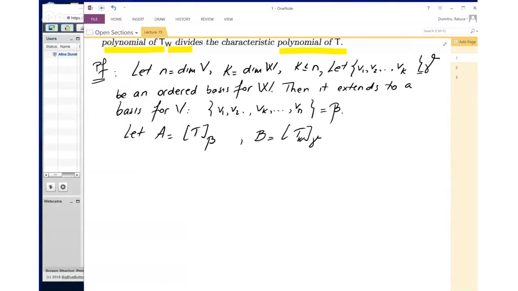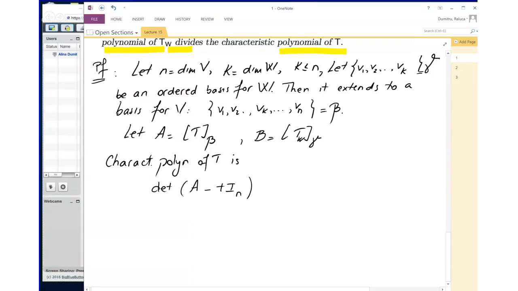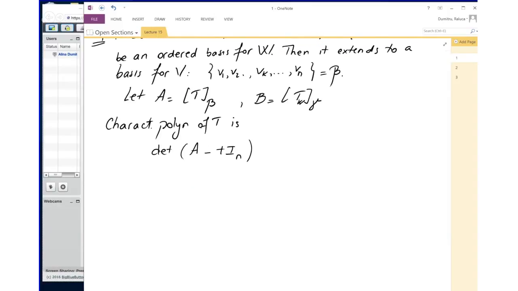All right, so now we're going to look at the characteristic polynomials for the two transformations, T and T_W. So the characteristic polynomial of T is going to be the determinant of the matrix of T in some basis like beta, so A minus t identity. All right, but I want to know how this A is related to B more specifically.